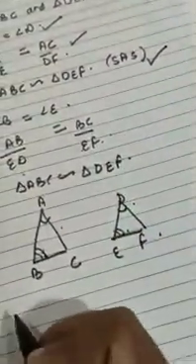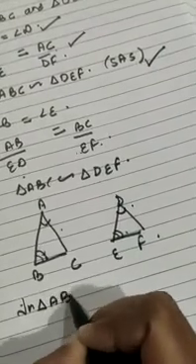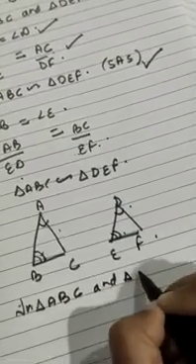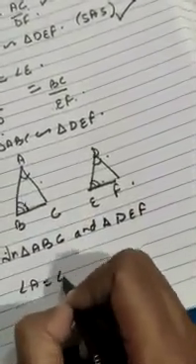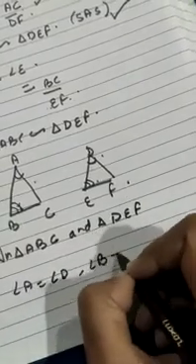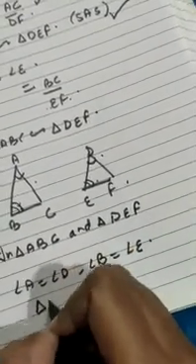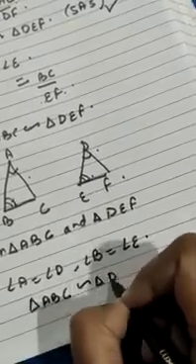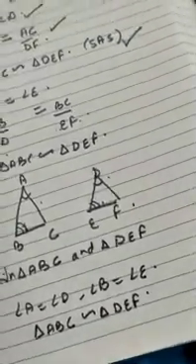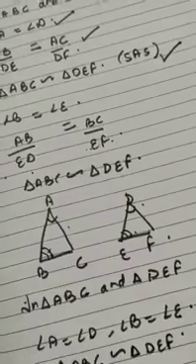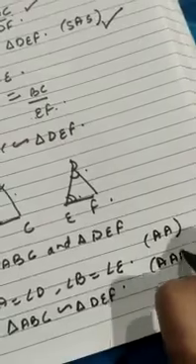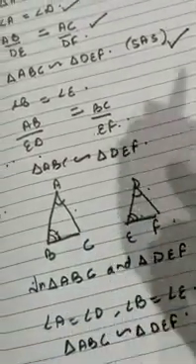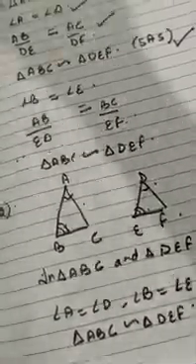So if in triangle ABC and triangle DEF, angle A equals angle D, angle B equals angle E, then triangle ABC is similar to triangle DEF by the postulate AA or AAA. If three angles are equal or a minimum of two angles are equal, we can say that triangles are similar.